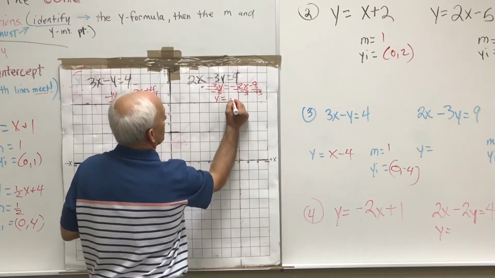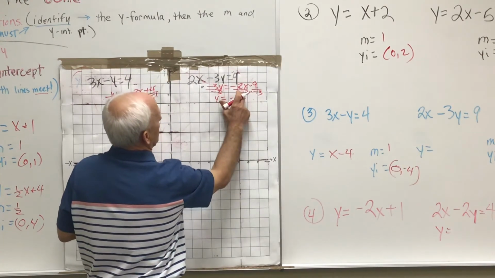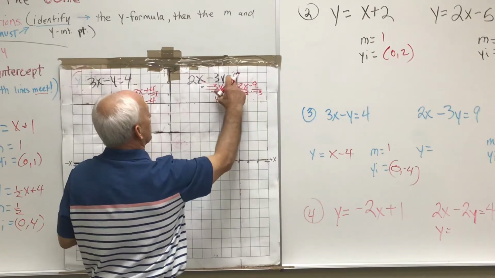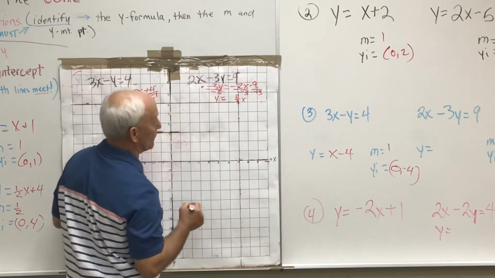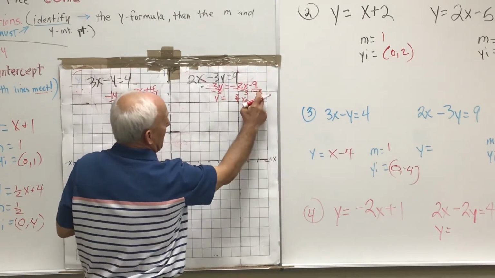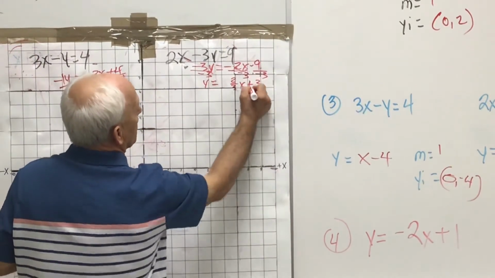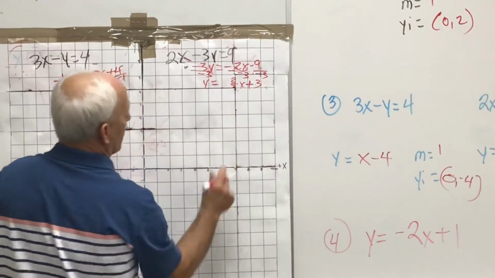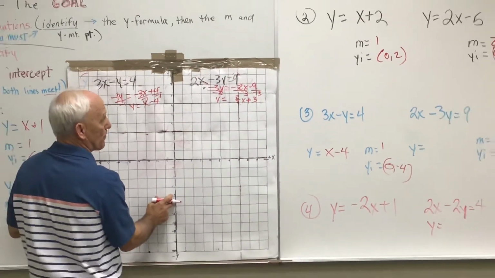You might have put this as -2x over 3, forgetting that you're dividing a negative into a negative, so it can't be a negative, it has to be a positive 2/3. Then this one here, same thing. You can't put down -3. -3 into -9 is positive 3. So if you put a -3 here, you would have been starting at the wrong place.